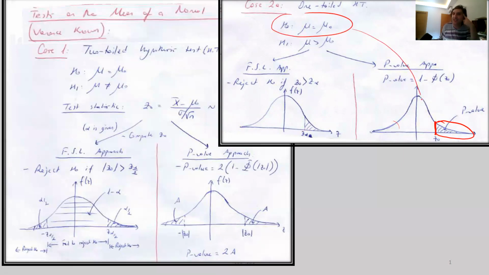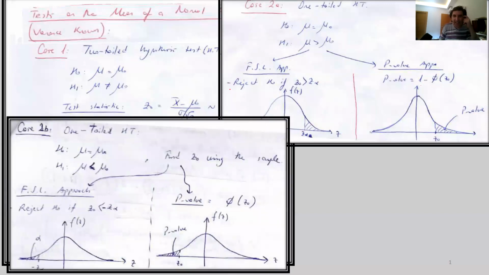In this case, extremeness corresponds to only one side, this tail here. Therefore, the p-value is simply this area. And since this area is equal to 1 minus the normal cumulative distribution function evaluated at Z0, 1 minus this region here, right? This is going to be equal to the p-value.